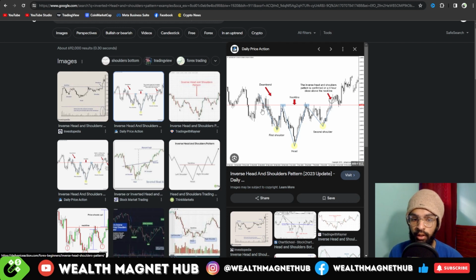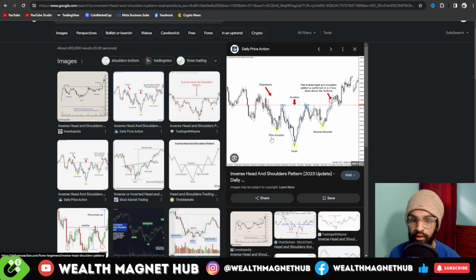First of all, it is initially formed during a downtrend. There is an initial neckline, which is hit multiple times throughout this pattern. First it forms the first shoulder, so it goes down and then comes back up to the neckline. The second time it goes even lower than the first shoulder.